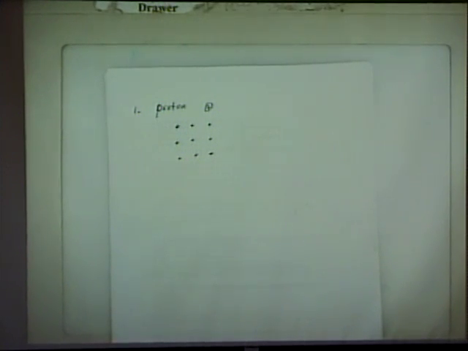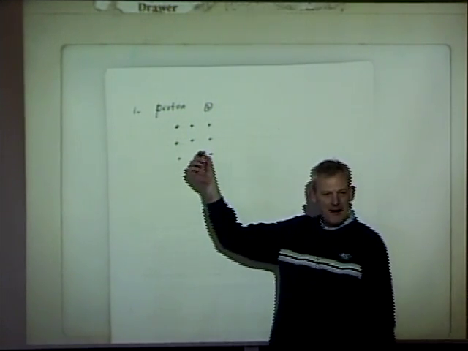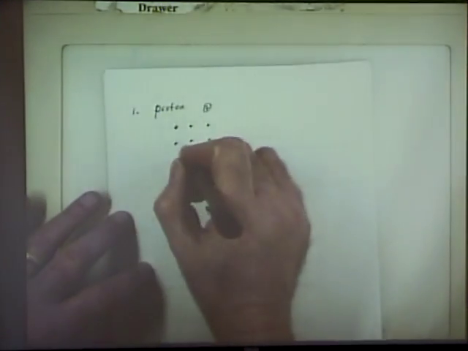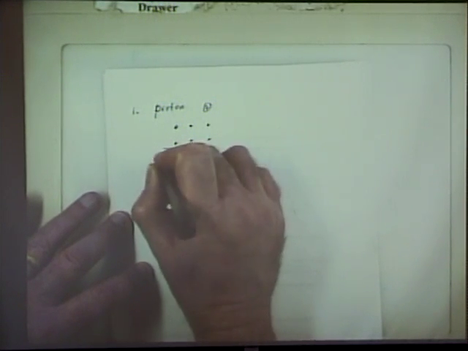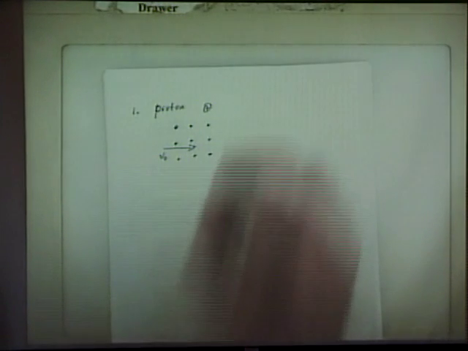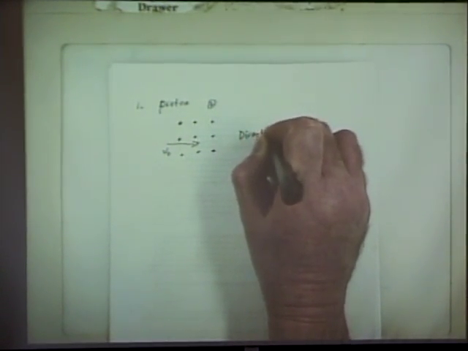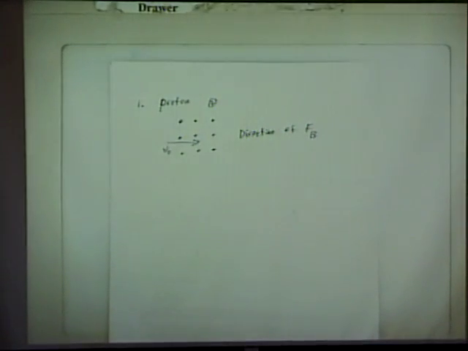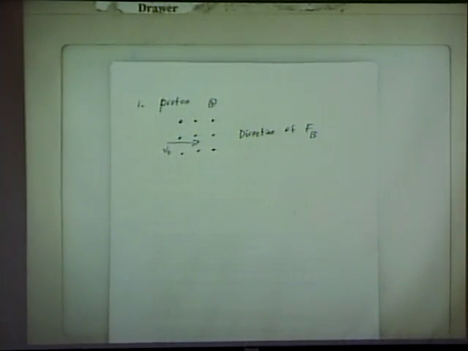Towards you, right. Remember, this is the point of the vector arrow coming right out at you. Okay? So it's coming out at you. Got a proton, and it's going like this. The velocity of the proton is going this way. Give me the direction of the force, the direction of F of B. Give me the direction of the force of B for a proton.